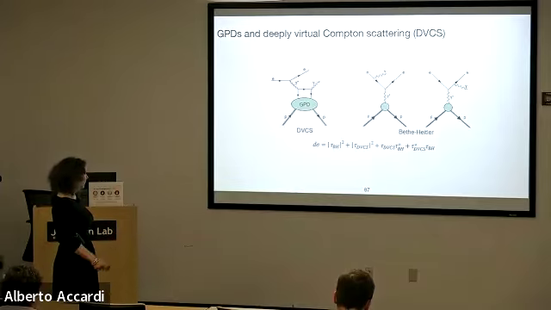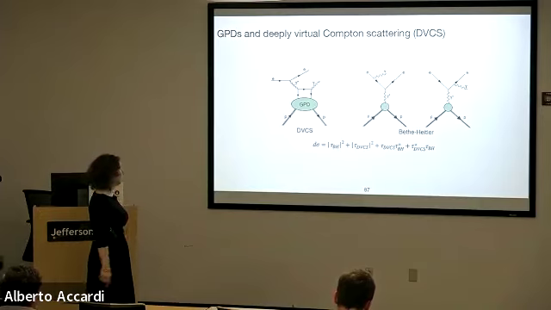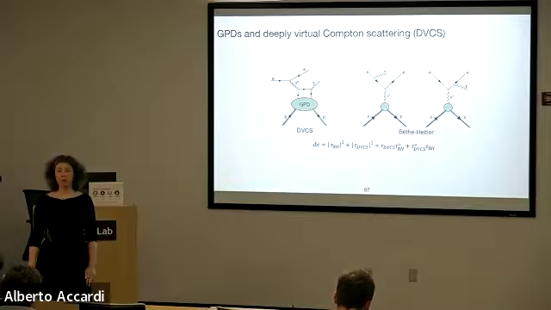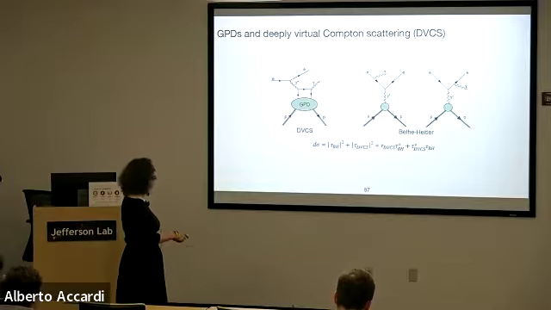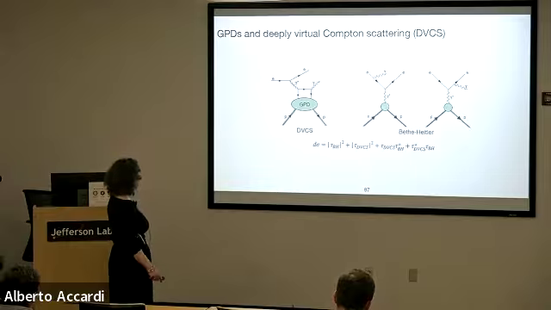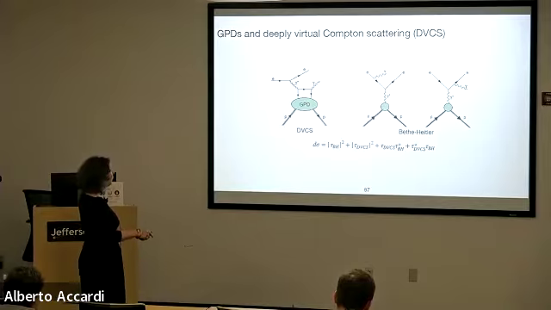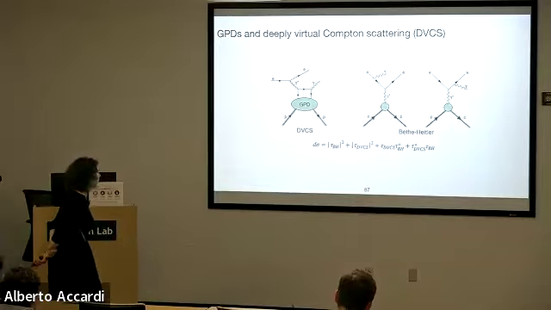And since you have the same initial and final state for DVCS and Bethe-Heitler, these processes will interfere with each other. So your cross-section will be a contribution from the Bethe-Heitler amplitude squared, from the DVCS amplitude squared, and then from the interference term itself, where you have the amplitude of DVCS and the Bethe-Heitler and their conjugate.